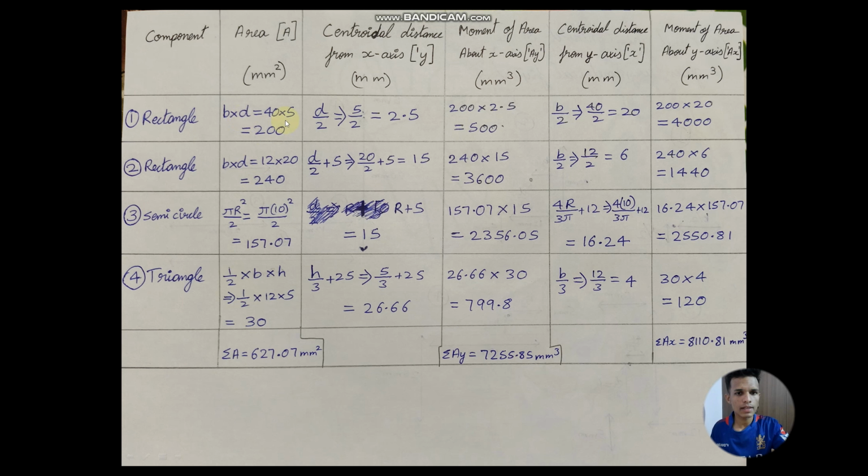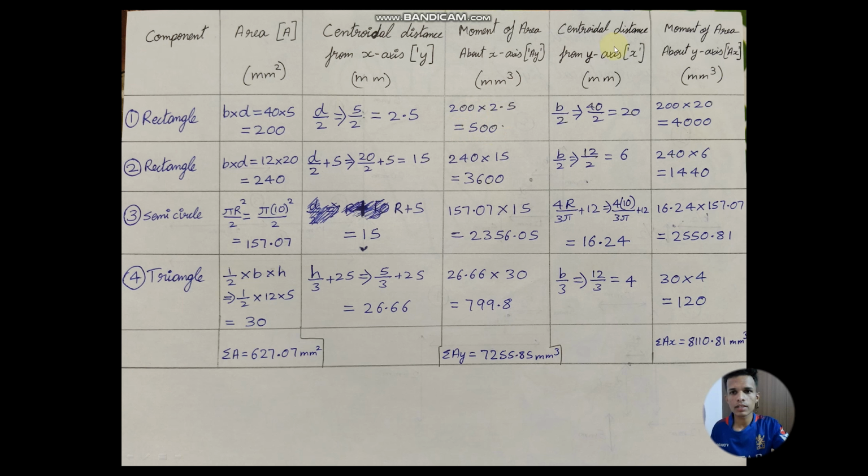So d is 5, 5 by 2 is 2.5. Moment of area about the x-axis is the multiplication of area and centroid distance from the x-axis. So it's 200 into 2.5, which gives us 500.